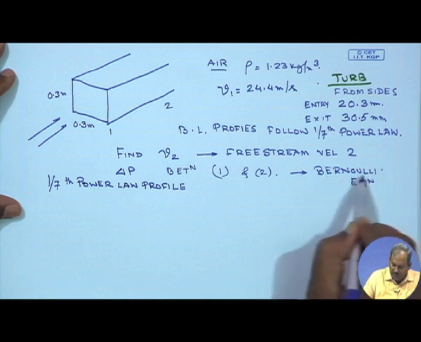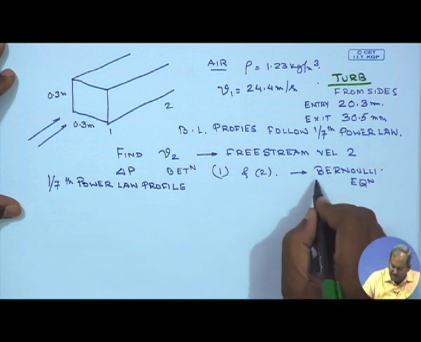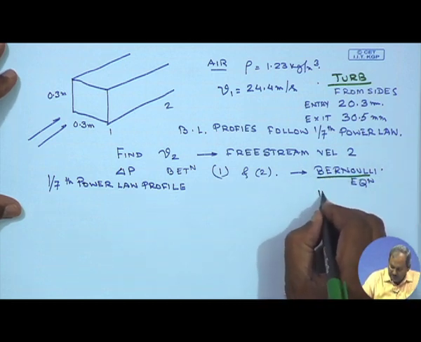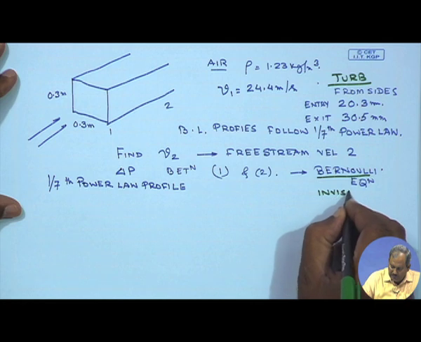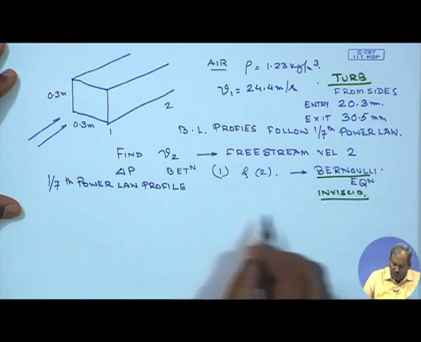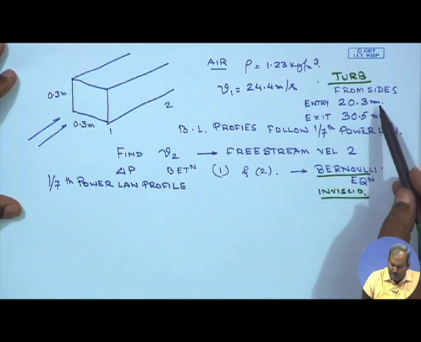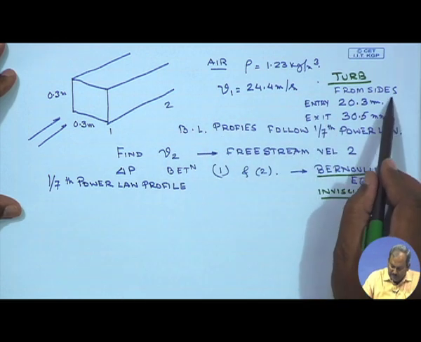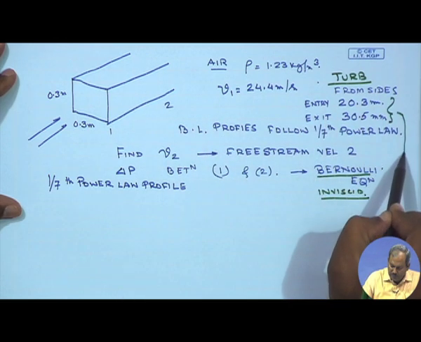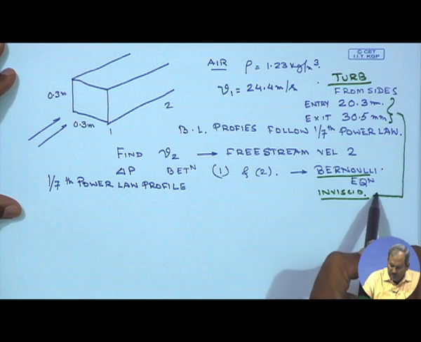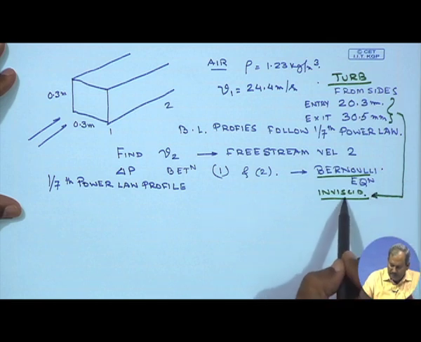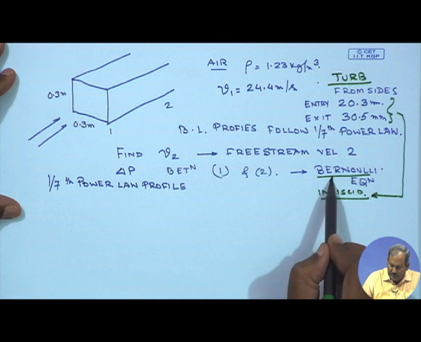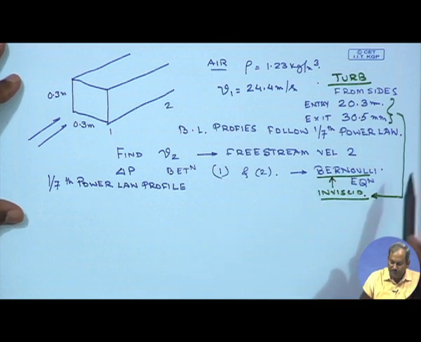Whenever I use Bernoulli's equation, I understand that Bernoulli equation is valid for inviscid flow. So, this is a case where you have viscous flow because you have some boundary layers which are forming on all four sides. So, somehow this situation is to be converted to an inviscid flow, and only if it is inviscid flow can I use Bernoulli's equation.